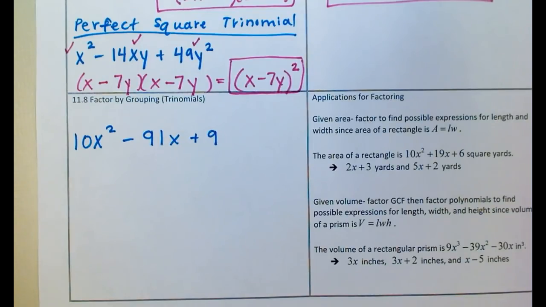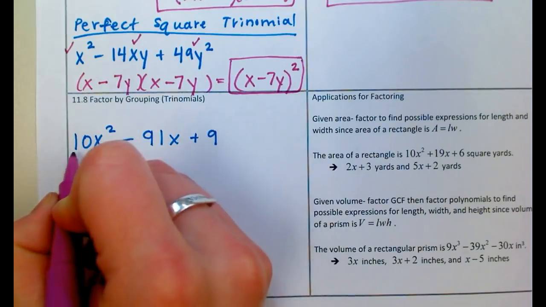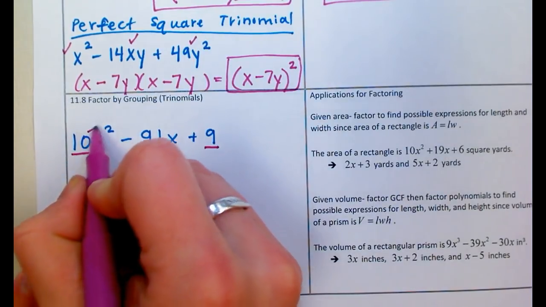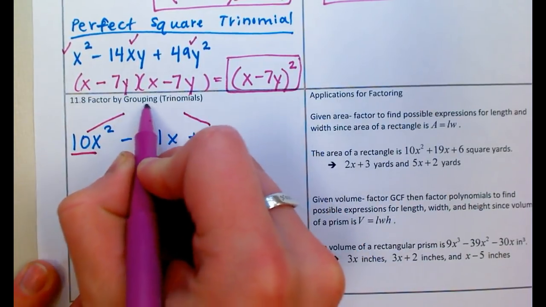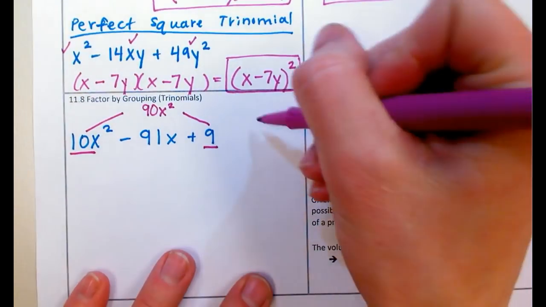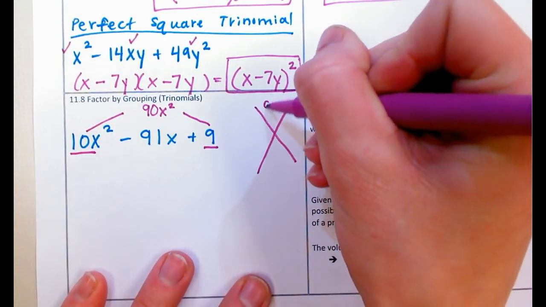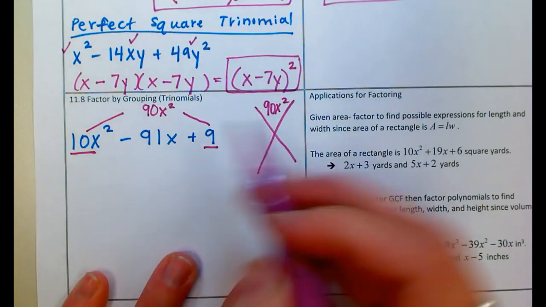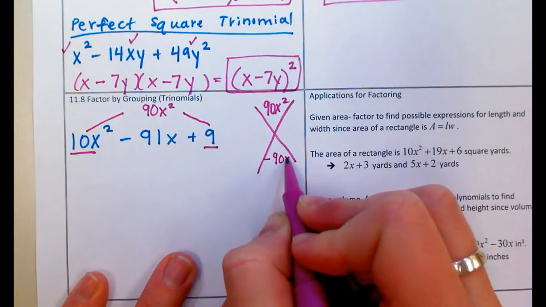We find our 2 terms in the middle by first multiplying my a term and my c term together. 10x squared times 9 is positive 90x squared. This will go in our graphic organizer up top, and my b term still goes in the bottom, negative 91x.